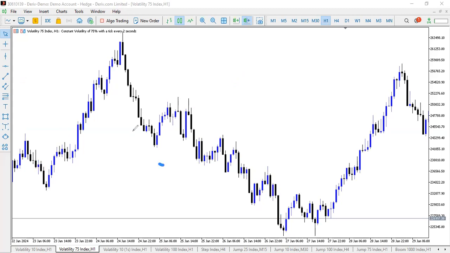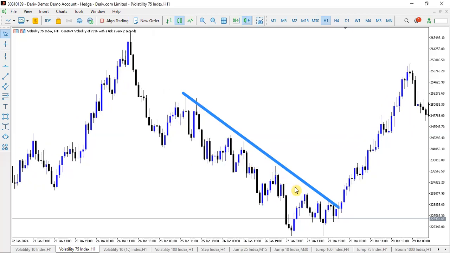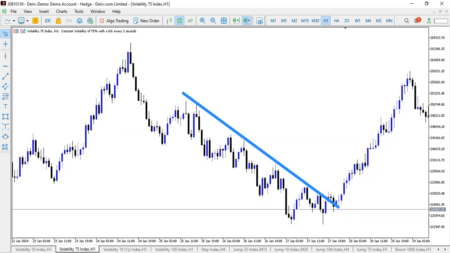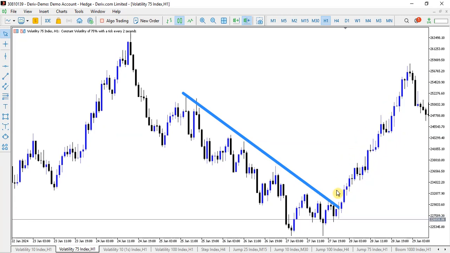Now another thing is using your trend lines. Trend lines can tell you when a trend is reversing. Let me delete this so that we can draw a better trend line. When the market crosses this area, we now have a new trend forming up. So what are you going to do?